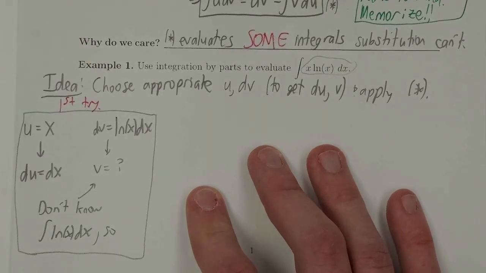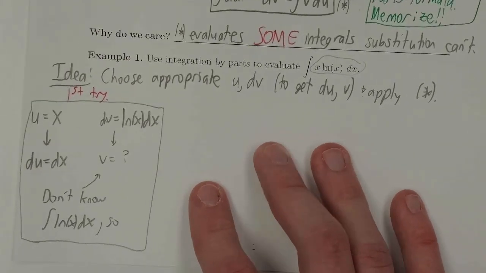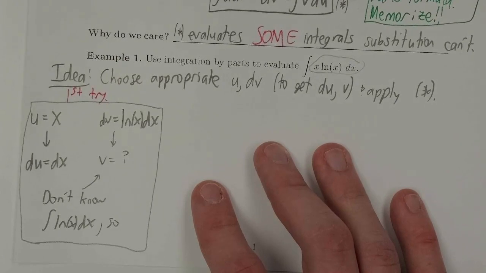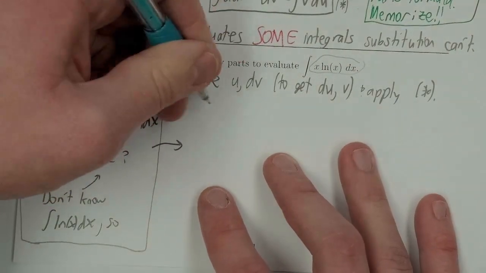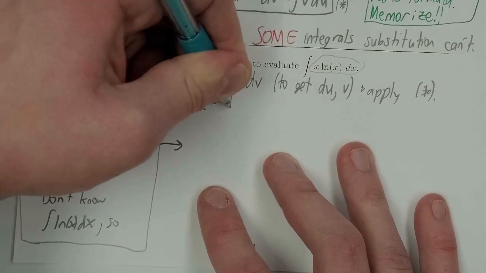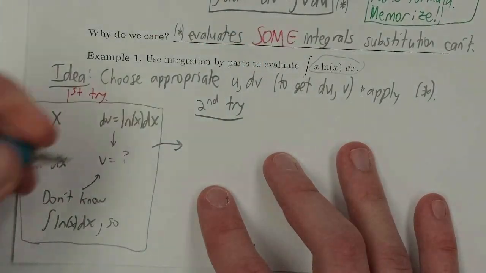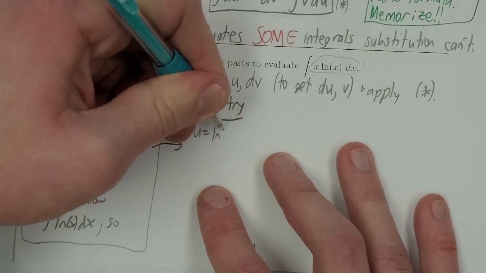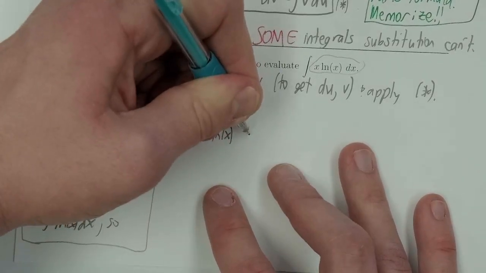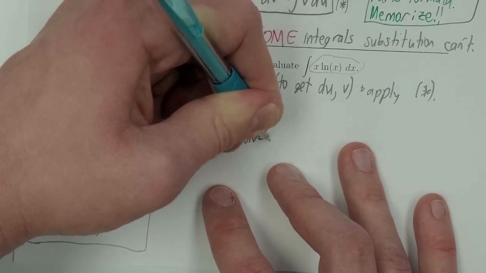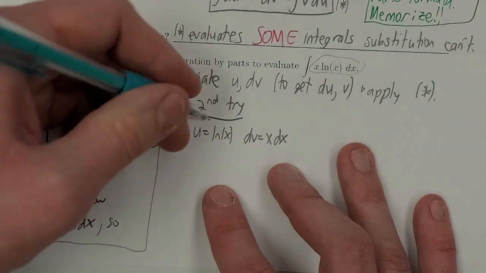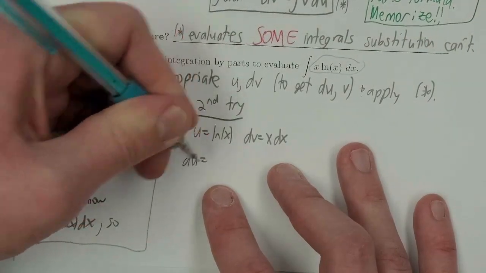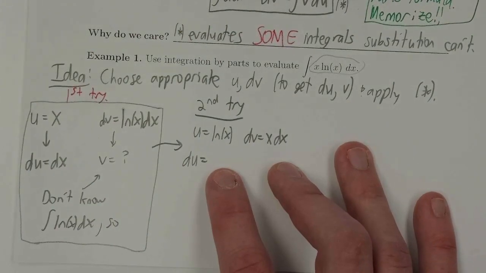Okay. So now let's try, as you suggested, u equals natural log and see if that gives us anything. So here's second try. Let's try u equals natural log of x. Let's see what happens. That way dv ends up becoming x dx. All right? So then du should be what times dx?